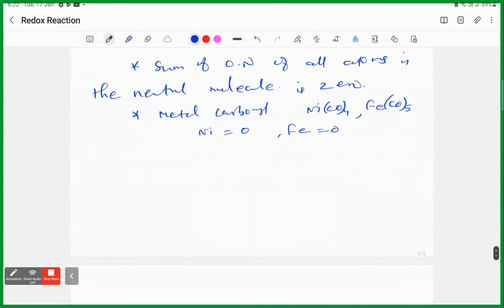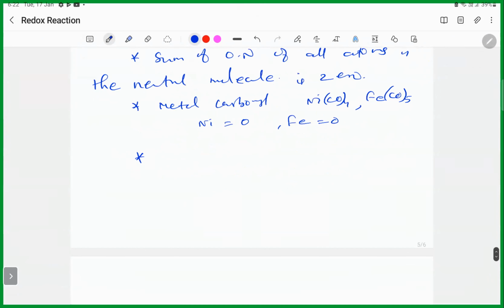Suppose a compound is formed by the union of two elements. The more electronegative atom has the negative oxidation state, whereas the less electronegative element has the positive oxidation number. For example, nitrogen shows -3 in NH3.